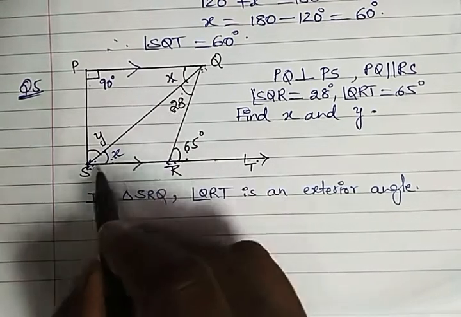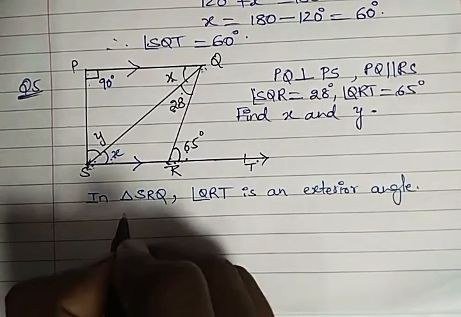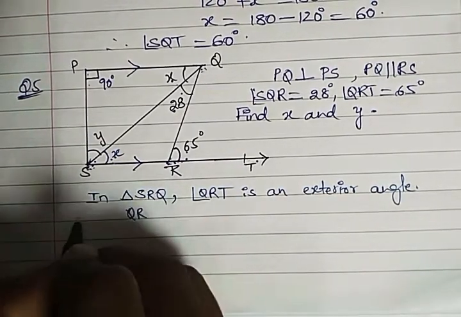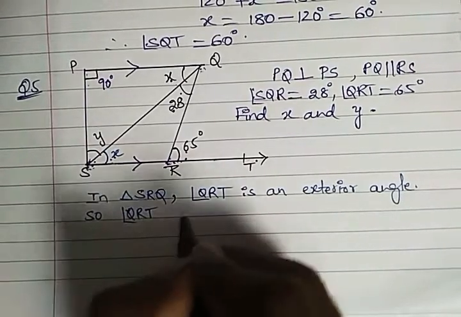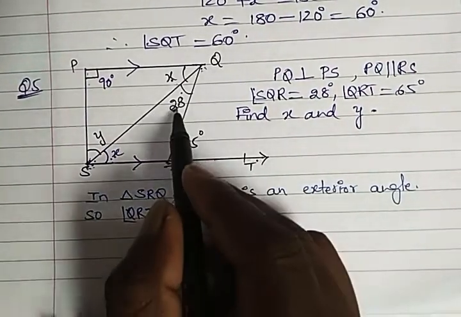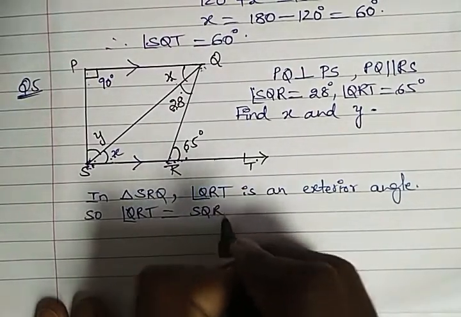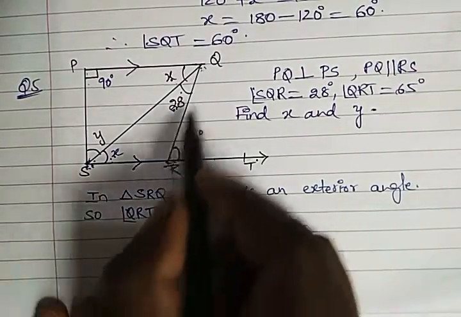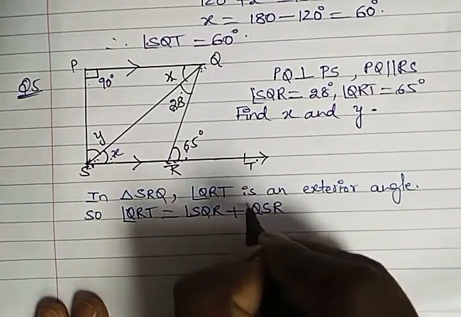So we can write this as: angle QRT is equal to angle SQR plus angle QSR. These are the two interior opposite angles.